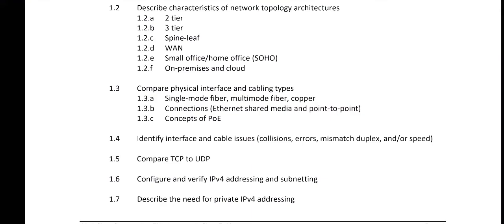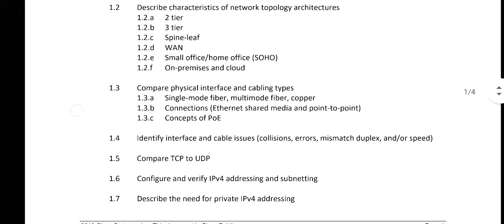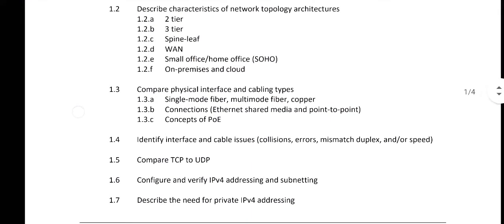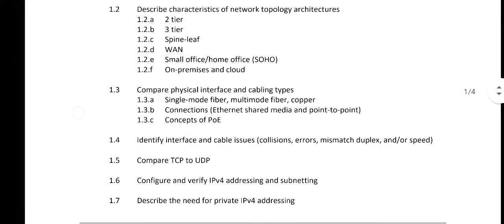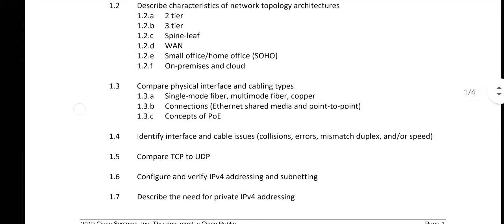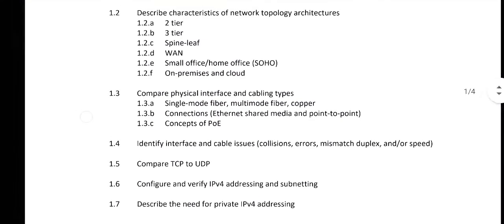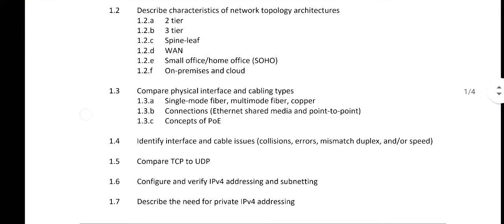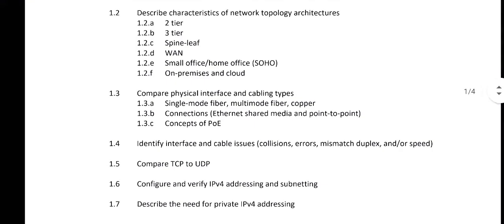And then in terms of fiber, you need to know single mode and multi-mode. You need to know that multi-mode cable works with an LED light, which bounces on the walls of the internal transmission path in the form of light, and it has a specific limit in terms of distance.